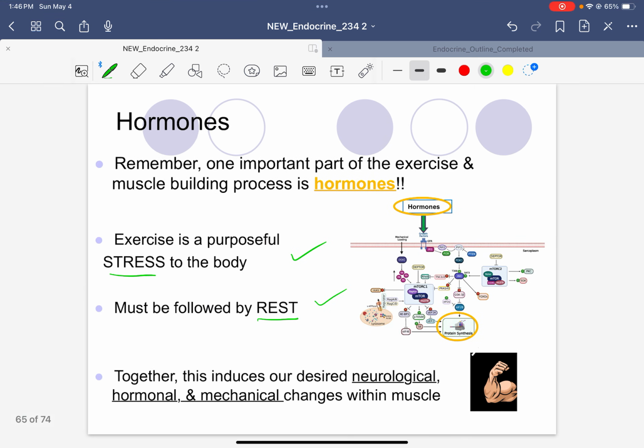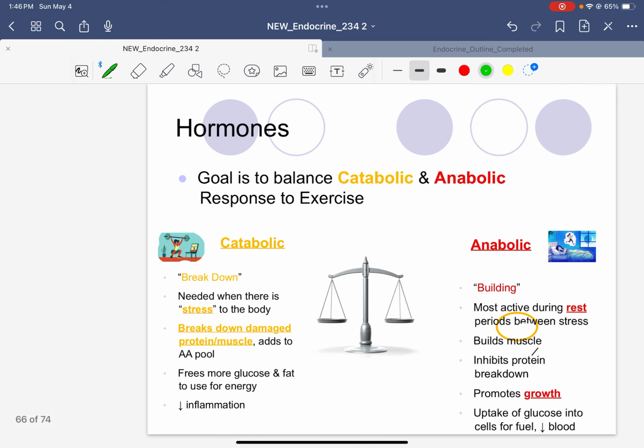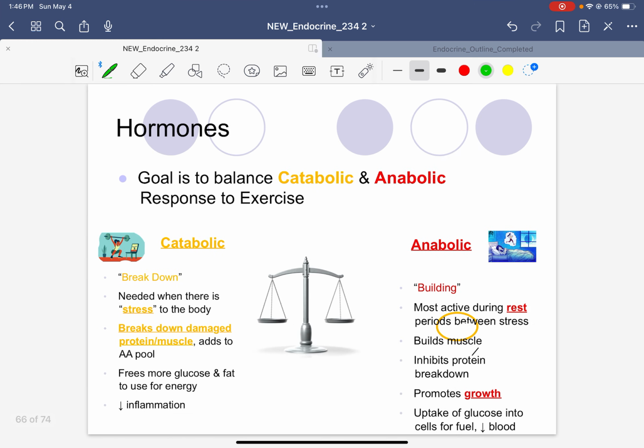So we have to have both. When you have both, we will induce the changes that we desire, and that includes hormonal. In order to do protein synthesis, we rely, among other things, on hormone signalers. So it's a balance. While we're exercising, we're purposely breaking down.